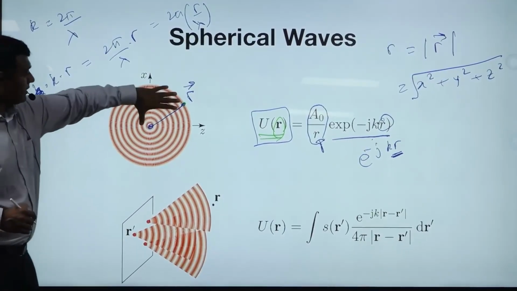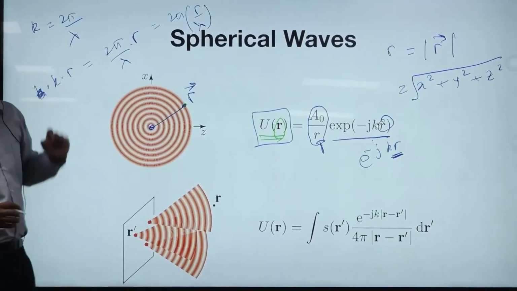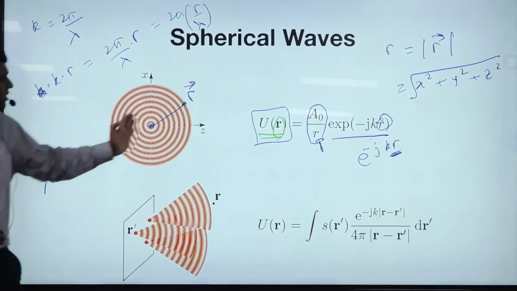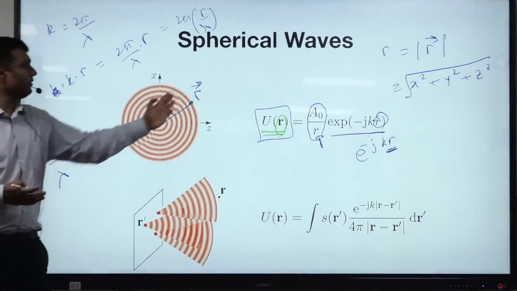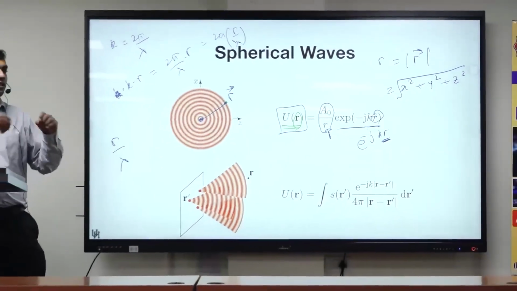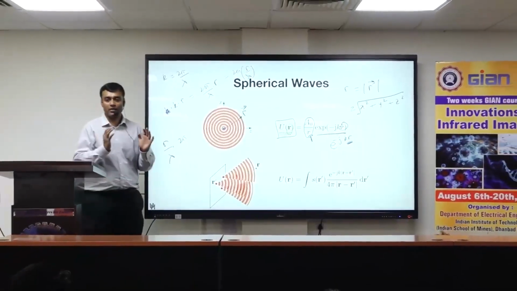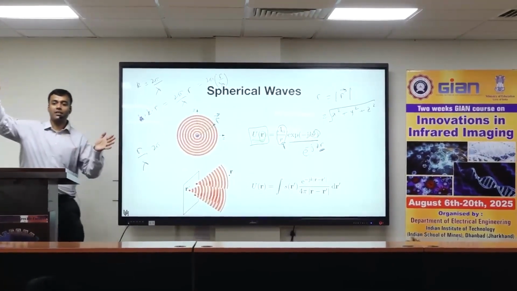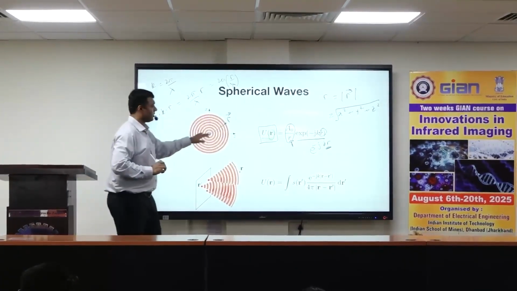Say it has traveled a distance that corresponds to 10 wavelengths. So r divided by lambda is how many wavelengths of distance the light has traveled. If it has traveled 10 wavelengths, and each wavelength it accumulates a phase angle of 2 pi, then over 10 wavelengths it accumulates 2 pi times 10 radians of angle. That's the way to think about this.